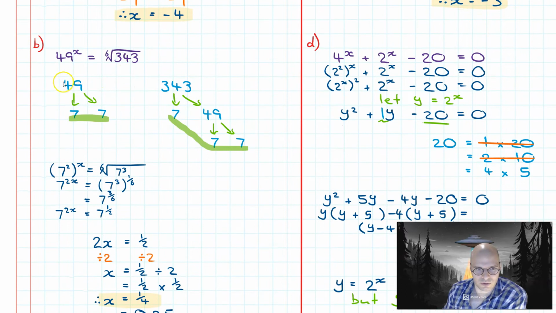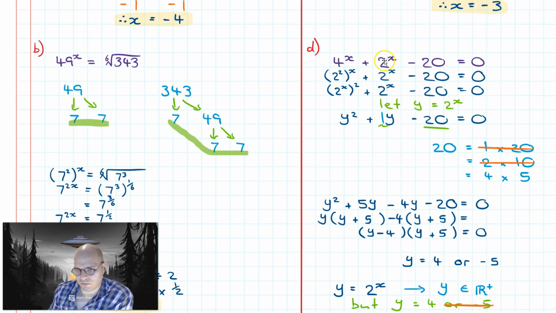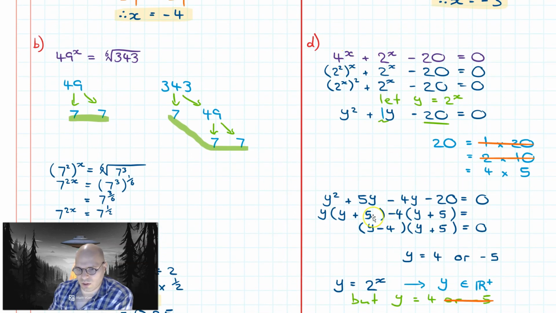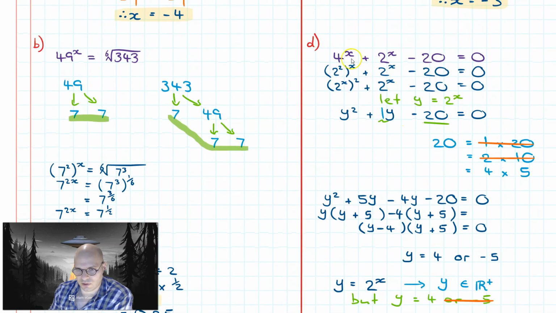Second example involved matching both the left and the right hand side, and also more importantly dealing with this radical symbol here. Third example we looked at when we've got a coefficient in front of this base here, so 1 degree of difficulty higher. It's a little bit tricky. And then finally in D, we're solving when we have to deal with a quadratic situation here, so probably the trickiest of them all.